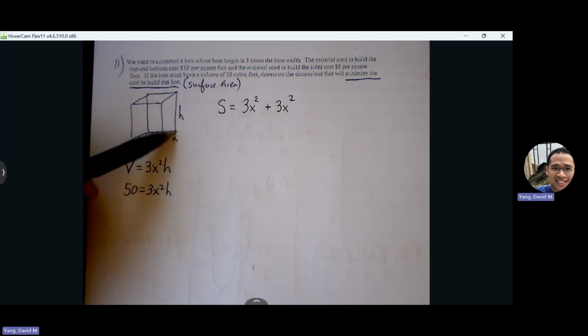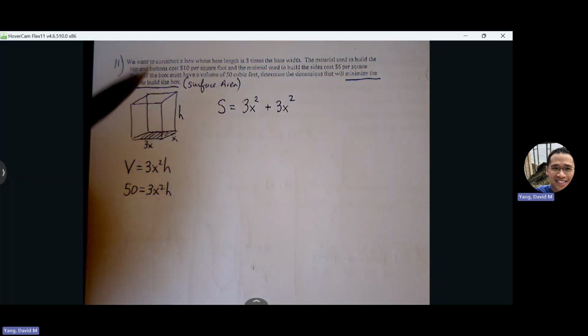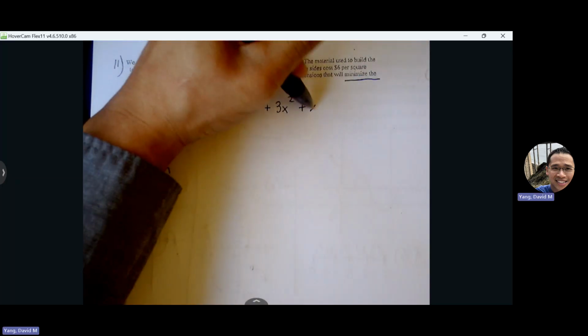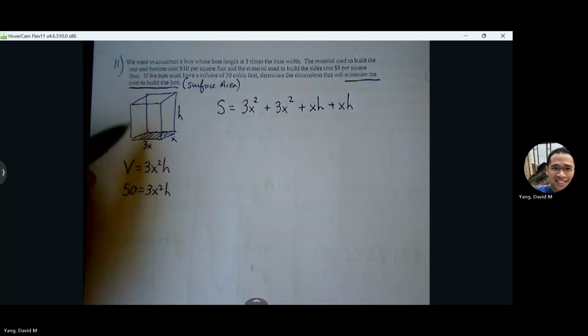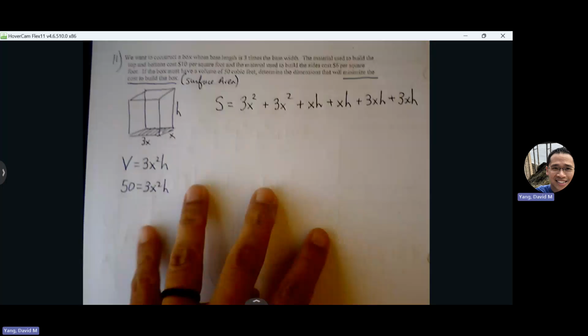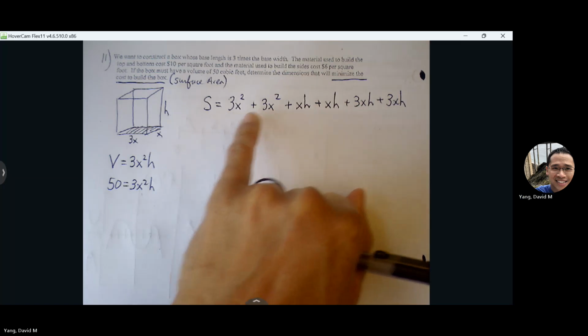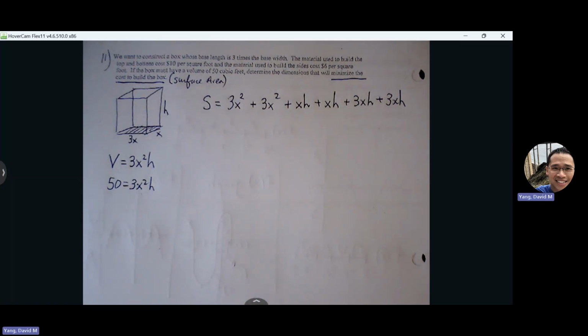For my vertical faces, I have one face that's xh. And if I have an xh on one side, I've got an xh on the other side. If I have a 3xh on one side, I have a 3xh on the other side. So you should have 6 rectangular areas that you're going to be putting together.